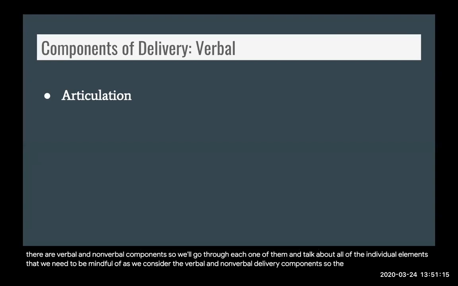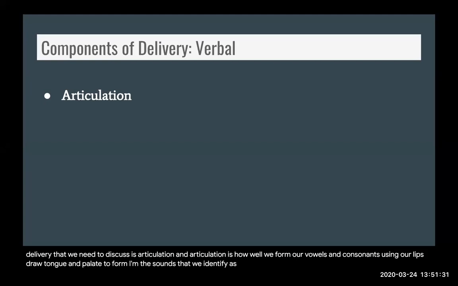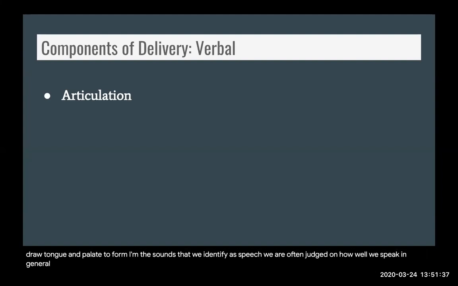So the first verbal component of delivery that we need to discuss is articulation. And articulation is how well we form our vowels and consonants using our lips, jaw, tongue, and palate to form the sounds that we identify as speech. We are often judged on how well we speak in general, and typically we perceive people as more prepared, credible, and effective when they articulate well.